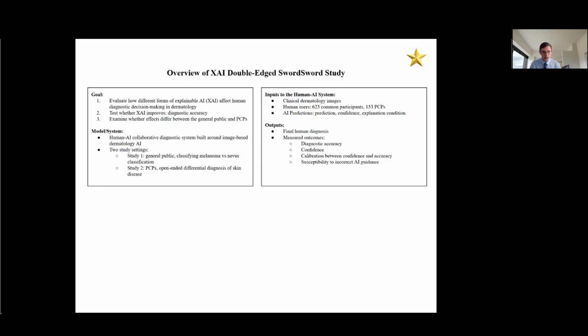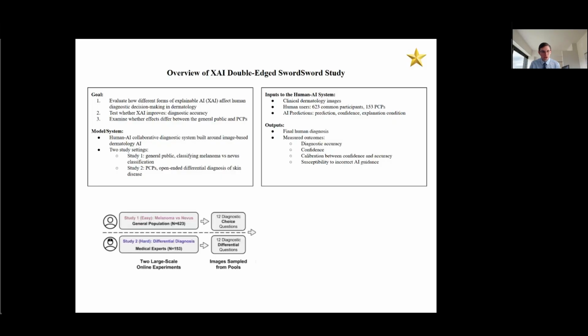It uses a human AI diagnostic system that is built around image-based dermatology, and they have two specific studies. The first one is for the general public, and that involved around 623 patients, or not patients, but people, and they were given 12 diagnostic choice questions. They were given a prompt and a question, and they were supposed to insert an answer.